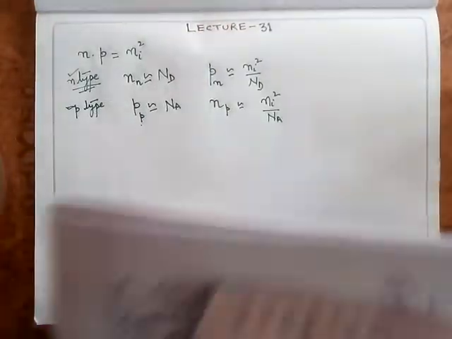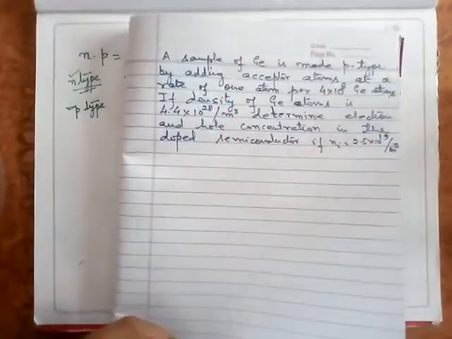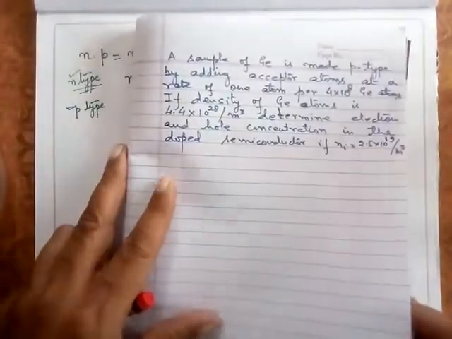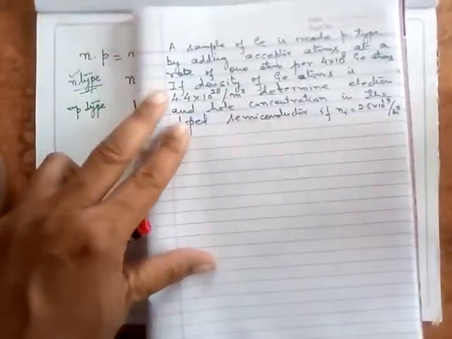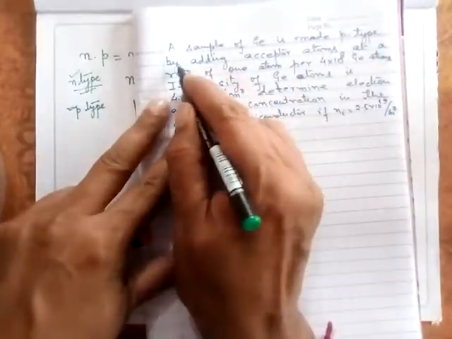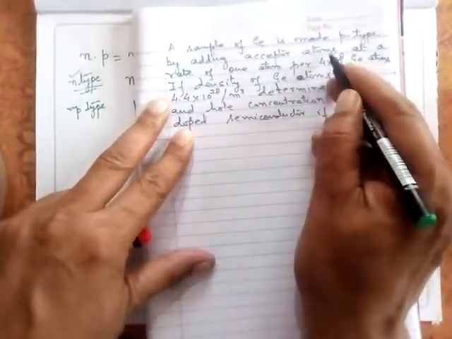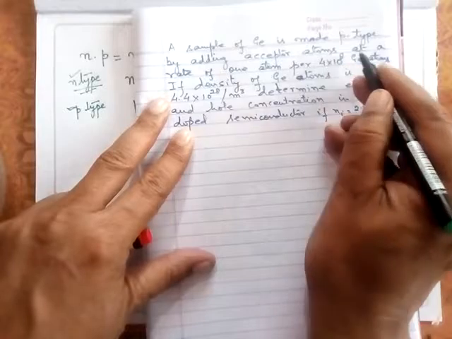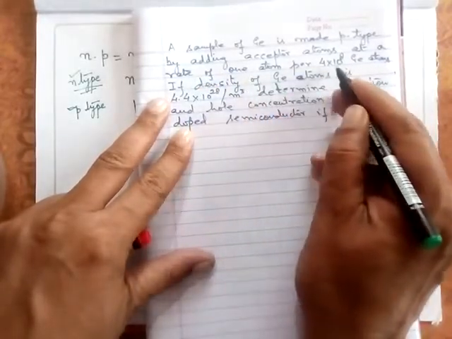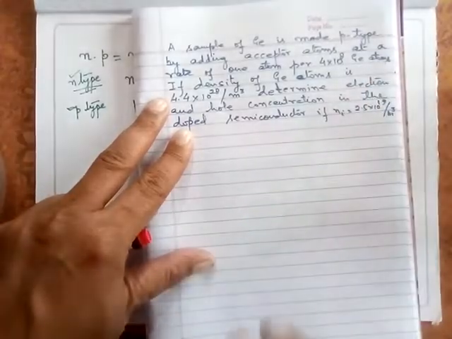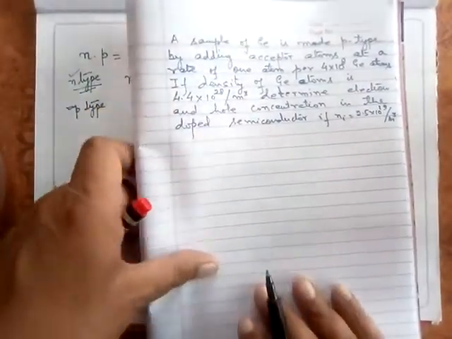The next problem says that a sample of germanium is made p-type by adding acceptor atoms at a rate of 1 atom per 4 into 10 to the power 8 germanium atoms. Now try to understand what this problem is.